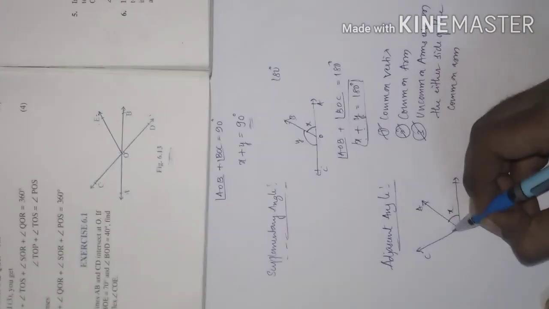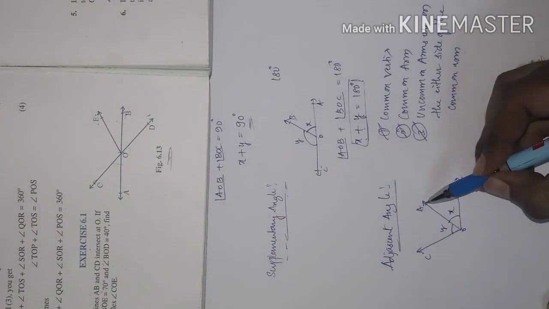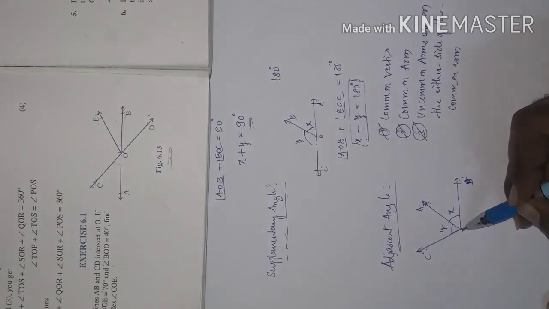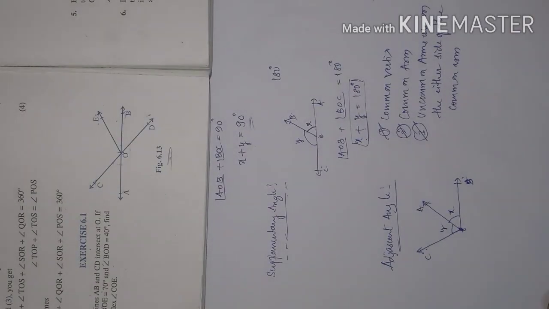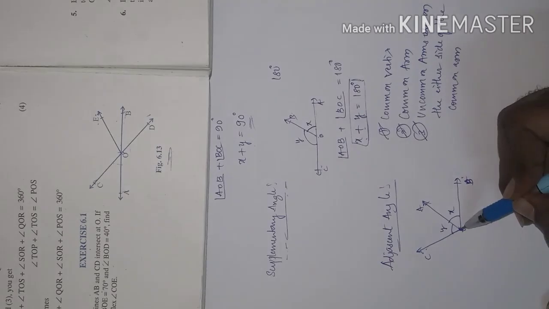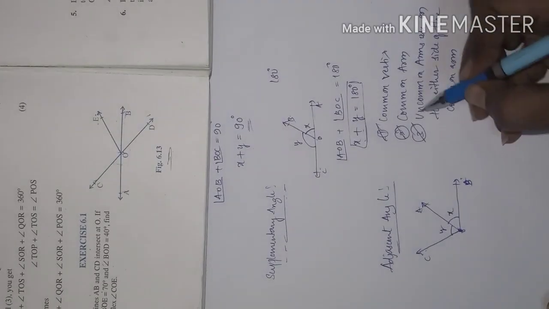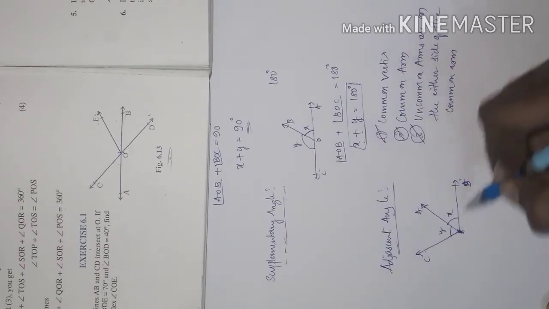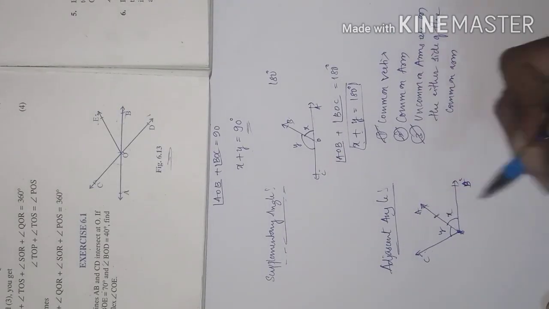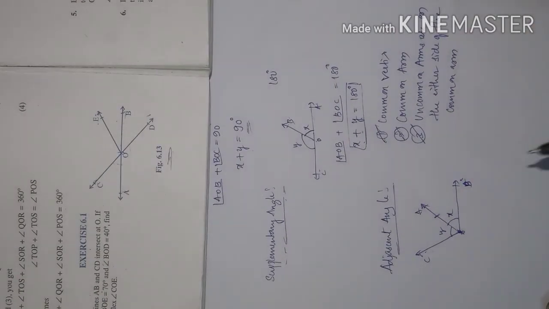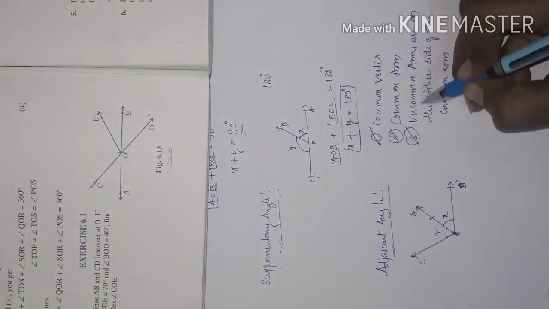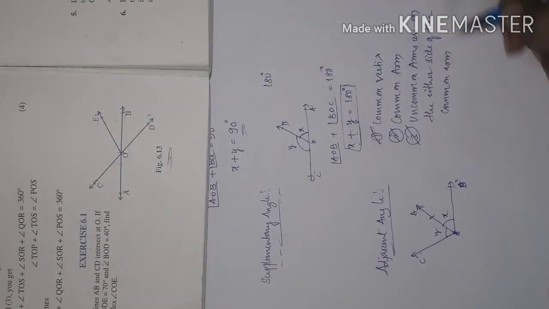See, angle AOB and angle AOC have the common vertex here. Both angles have a common vertex. First point is clear. And the next one, common arm. Angle AOB and angle AOC have a common arm here, so the second point is also clear. And next, uncommon arms are on either side of the common arm.